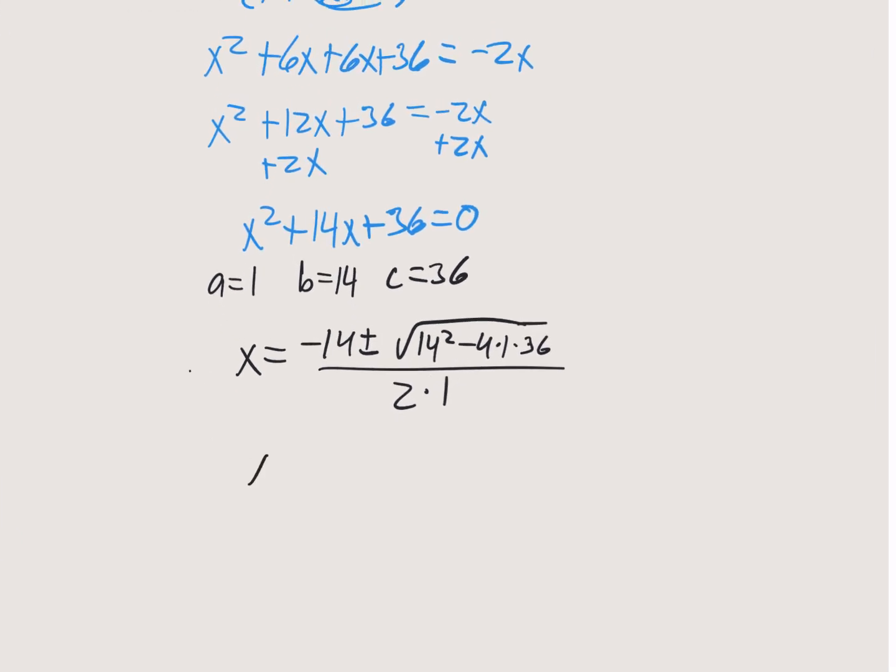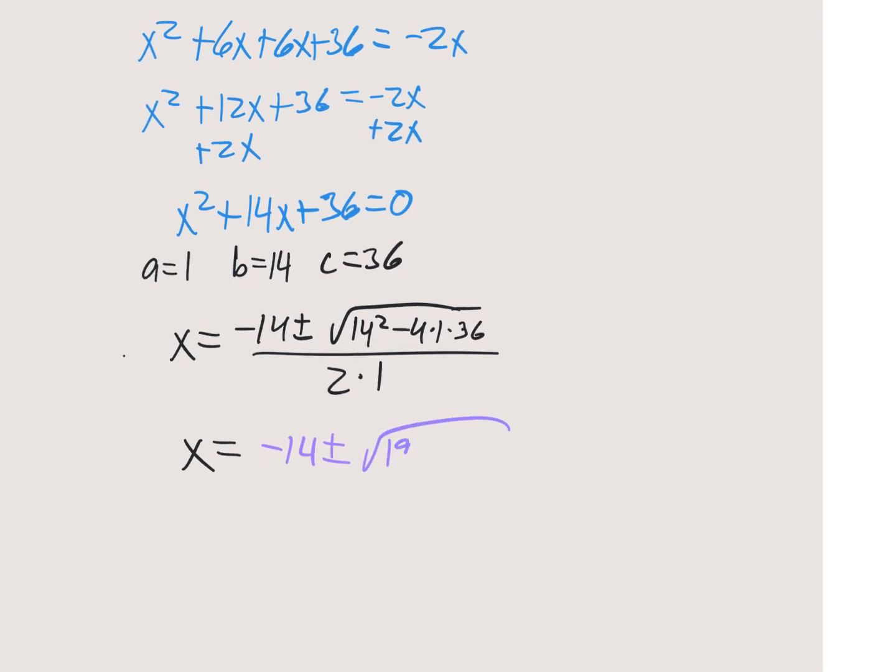We should get x equals, let me use a different color. All right, x equals negative 14 plus or minus the square root. 14 squared should be 196. And then 4 times 36 should get you 144. All right, so negative 144. And then divide the entire thing by 2.